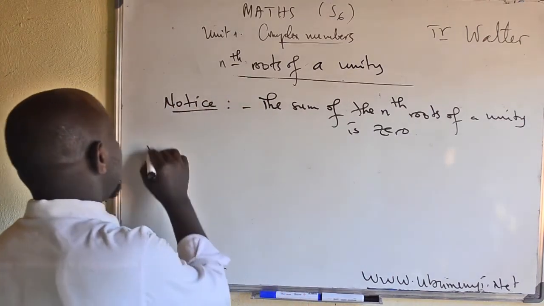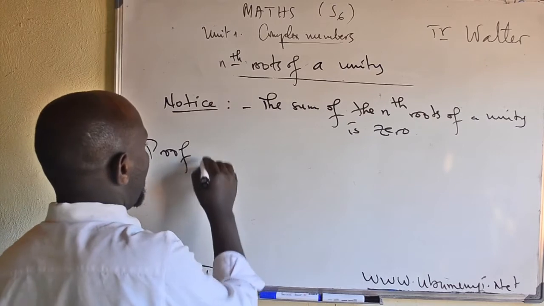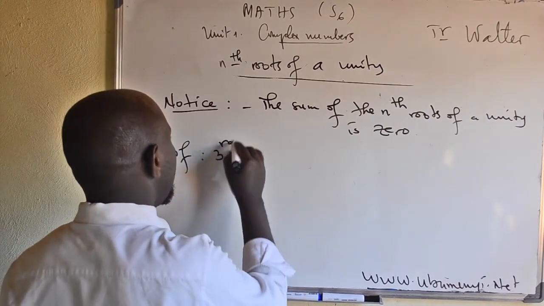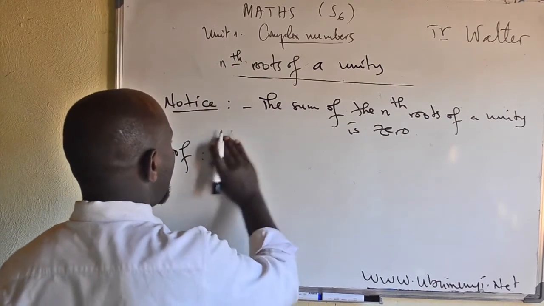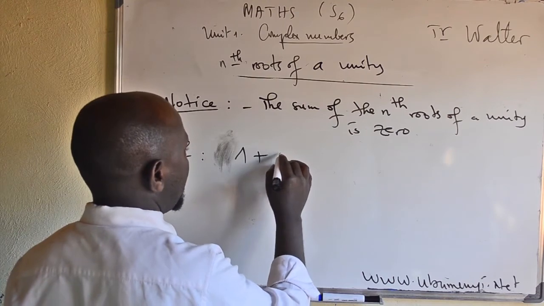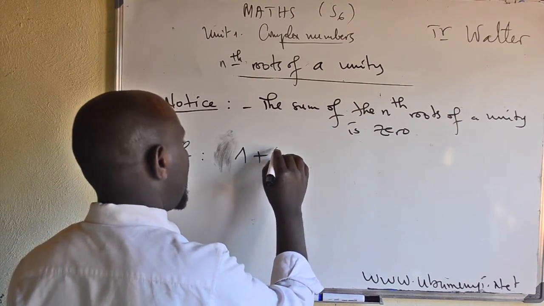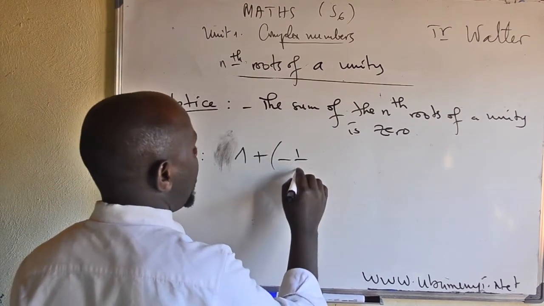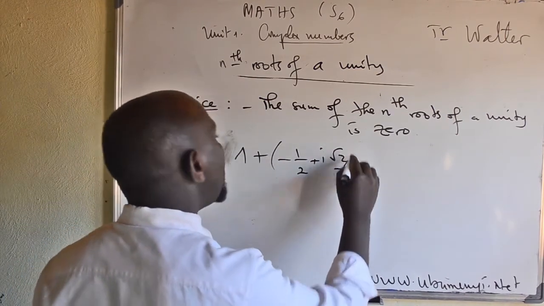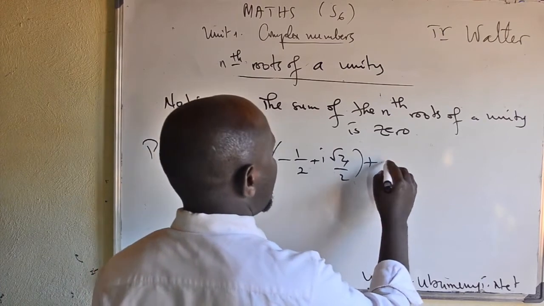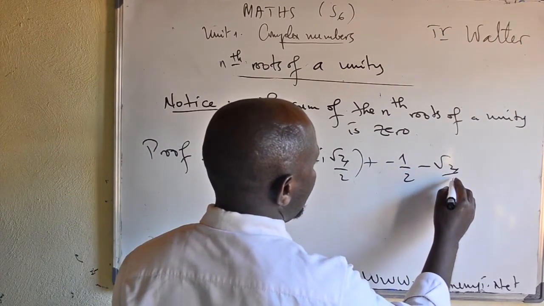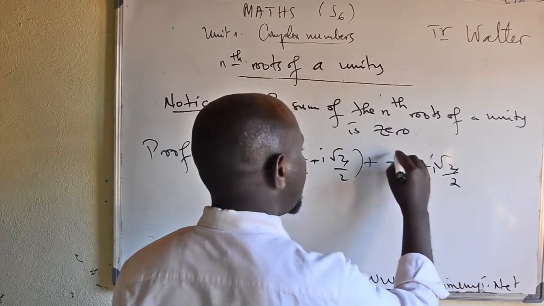We can prove it. If I prove for you, remember the third roots of unity. The third roots of a unity were: 1; the second one was negative 1/2 plus i √3/2; and the third one was negative 1/2 negative √3/2 i, ladies and gentlemen.